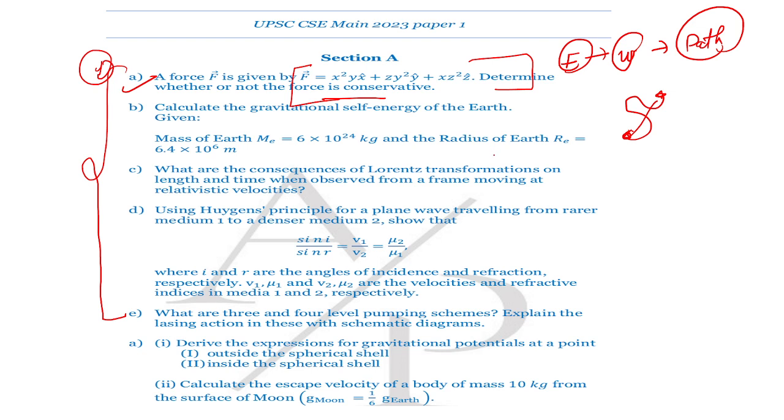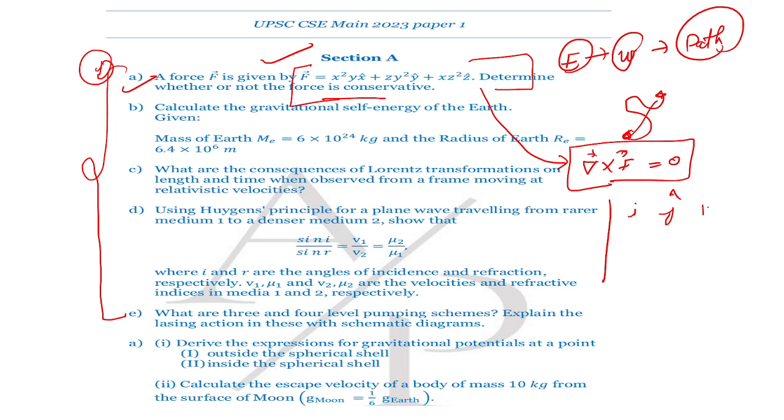And how can we prove that mathematically? You simply have to use a formula here: the curl of the force is always equal to 0 for a conservative force. Now you have to determine whether this force is conservative or not. So you put the values of the force here, with i cap, j cap, k cap, and the partial derivatives.